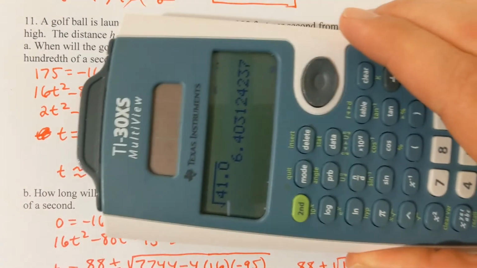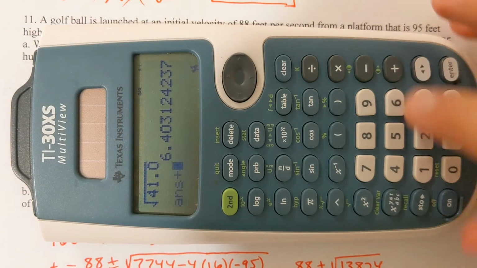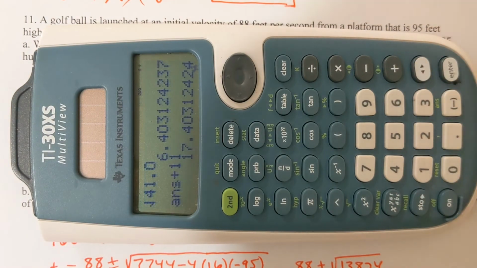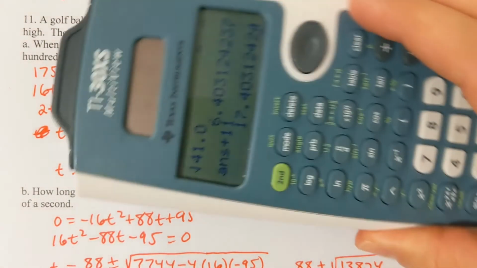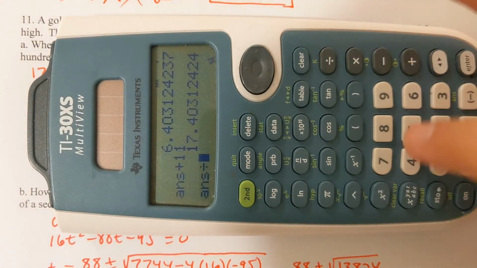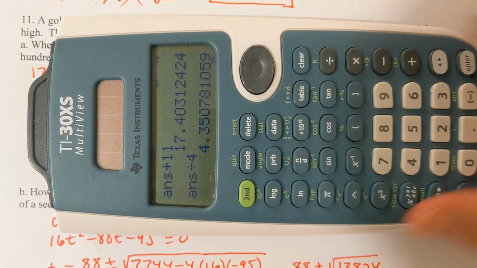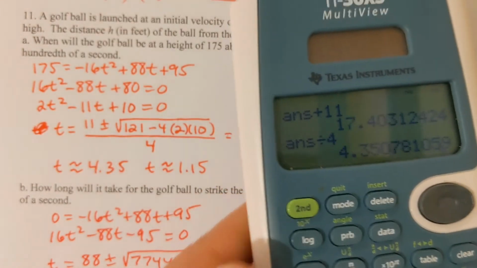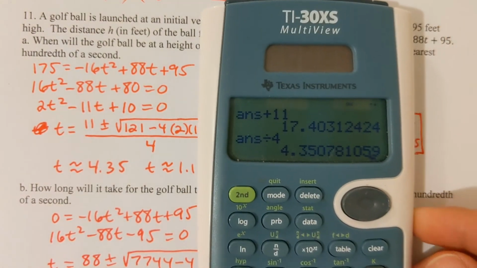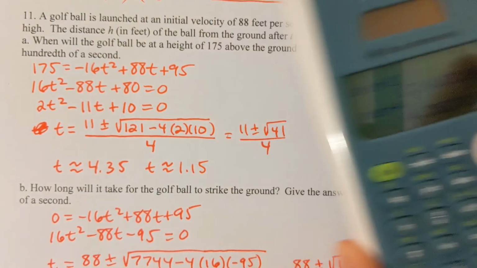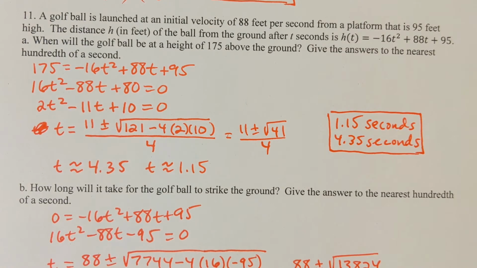Plus 11 is that number. Okay, and then divided by 4 gives me 4.35 if I go nearest 2 digits. Okay, and then I'd type in the minus situation also.